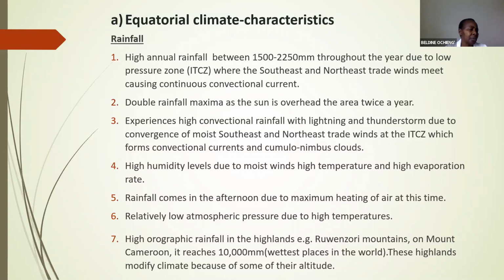In the afternoon, between 1, 2 to 3, the heating is to the maximum. So we'll be having afternoon rainfall because of that heating. Heating, evaporation, condensation, clouds form, and of course, it rains.